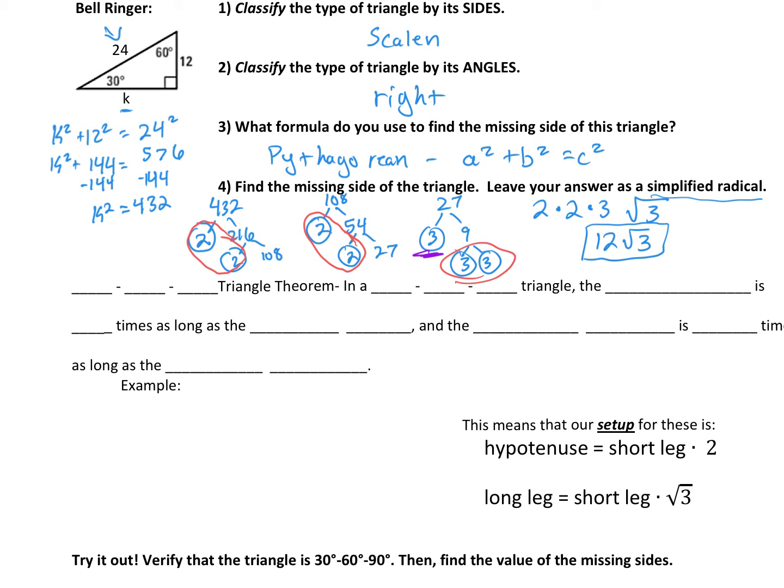So now we're going to learn about the 30, 60, 90 triangle theorem.